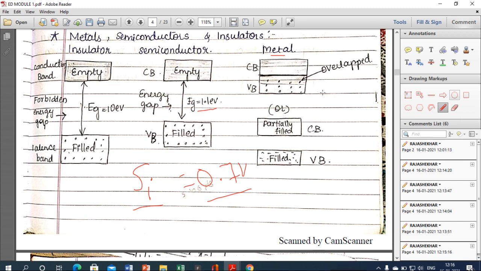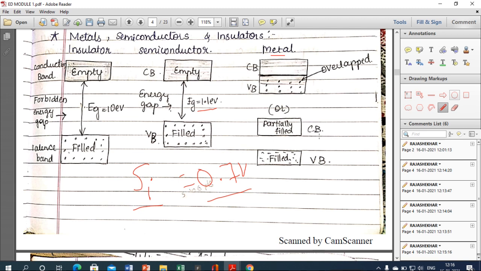The metals used in such applications are aluminum, copper, and iron. In our home appliances, like the wires connected to the fans and TVs, these are all metals, and they cannot be controlled because electrons are already present in the valence band or in the conduction band. They are already filled.